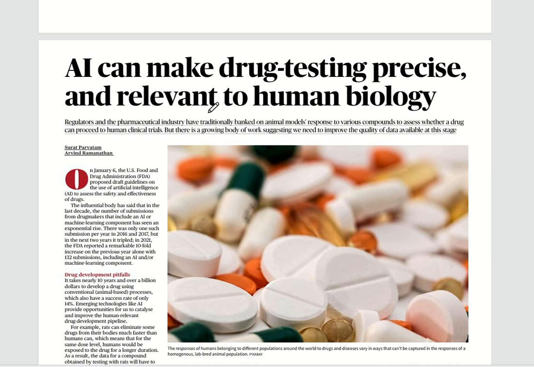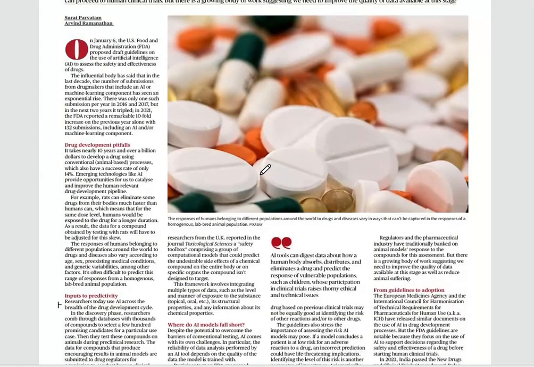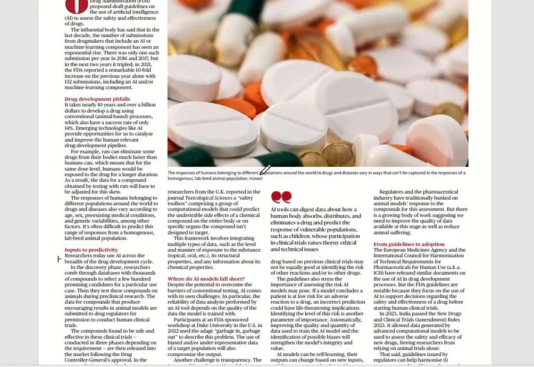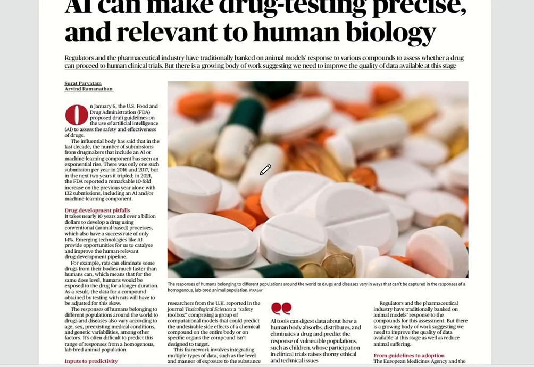AI can make drug testing precise and relevant to the human body. This is just a report or article.